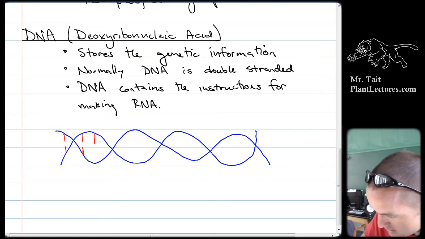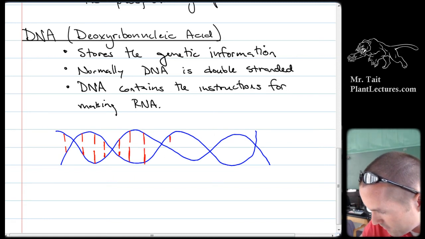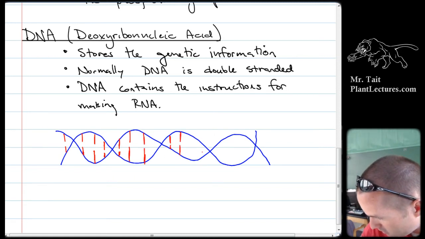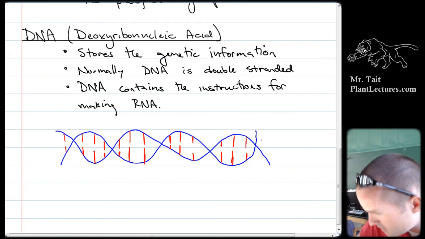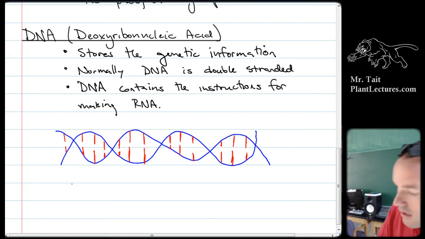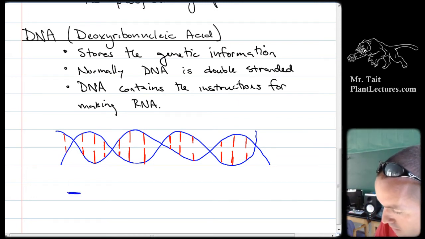You got these little guys coming out in the middle. Sometimes people call them the ladder rungs of the double helix. We're just going to rough this thing out, kind of draw it roughly. Something like this. Okay?